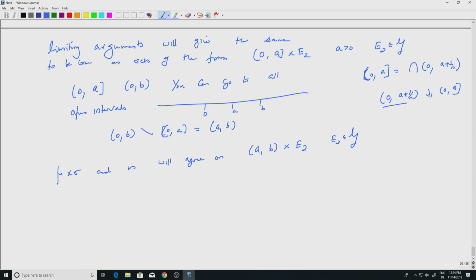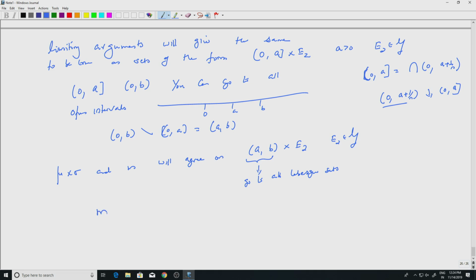So from open intervals you can go to all Lebesgue sets. This we have seen, from open sets going to Lebesgue sets, so apply the same argument.